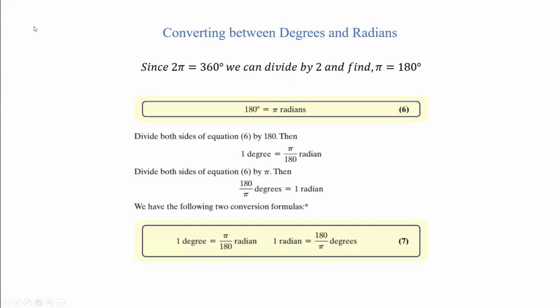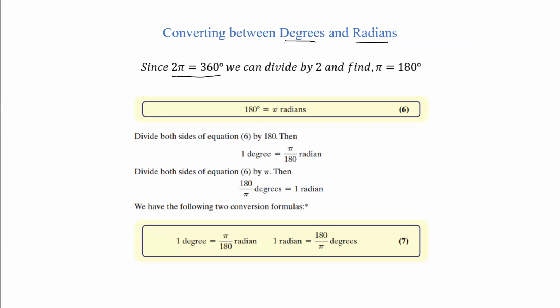Okay, now we're going to also talk about how we convert. We've got two ways to describe our angle now. We can either use degrees, and we filled out an entire chart with degrees, and we can now also use radians. We've discussed how once around creates an angle of 2 pi in radians, which is equivalent to 360 degrees.